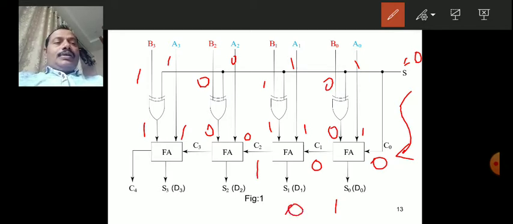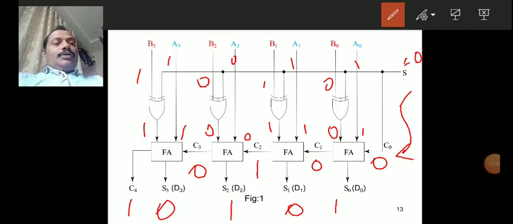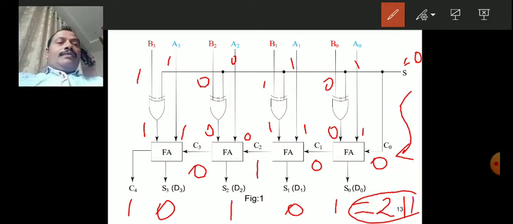Next, the third adder: 0 plus 0 plus 1, sum is 1, carry 0. Next, 1 plus 1 plus 0, it is 1 0 1. Observe here, you got the result. It is 21. We have verified already. So let us do the same for subtraction also.